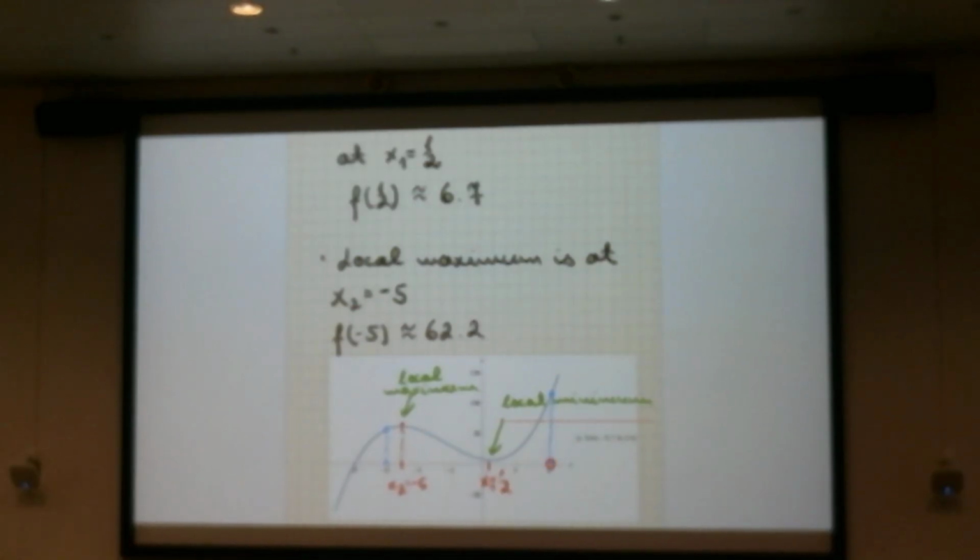In this interval, the absolute highest value the function can get is right here. And note that this value is bigger than this value, which was our local maximum. So at the boundary of the interval, here, we actually find the global maximum.